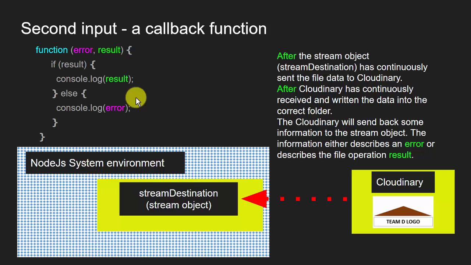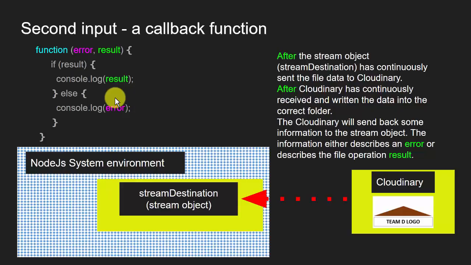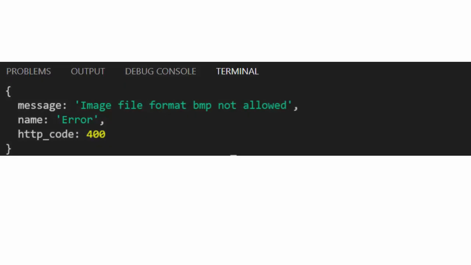By taking a closer look at the body of this callback function, it has an if-else control structure to decide whether to execute the command which will print out the result variable details inside the terminal interface, or to execute this statement to print out the error information to the terminal interface.